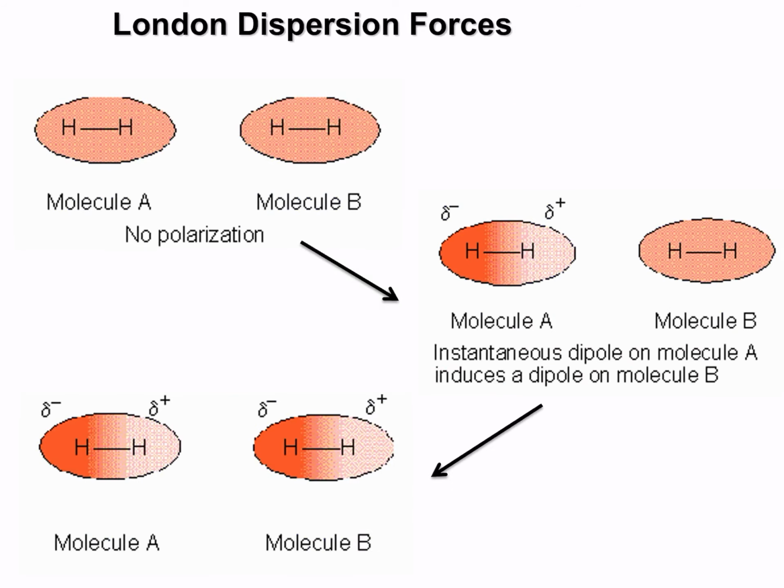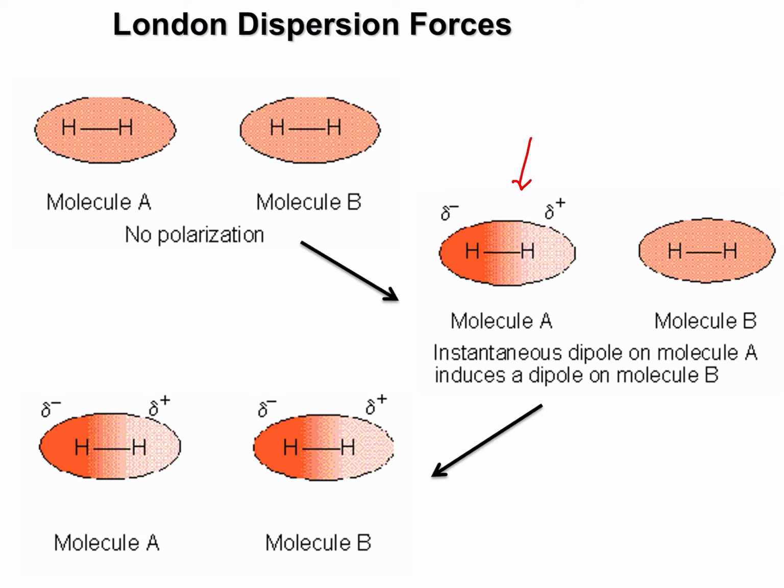Okay, here's another picture. Same kind of thing, just now we're showing it with different colors. So here, in the first bit, molecule A and B, nothing's happening. And if we go here, now an instantaneous dipole happens on molecule A. More electrons are hanging out on the left side than there are on the right side.